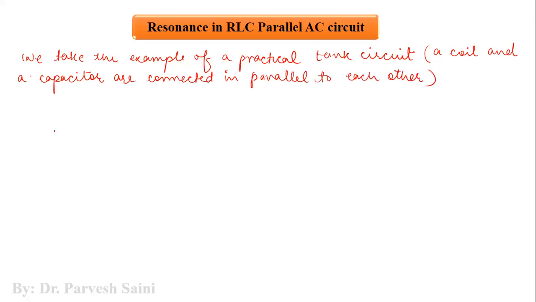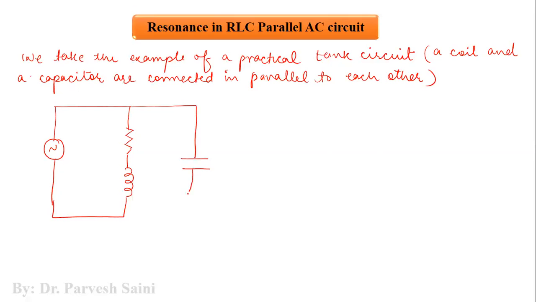So let us consider this circuit. We have an AC source. We have a coil. So coil is generally, or you can say we have a solenoid. We can also call it a solenoid, and a capacitor are connected in parallel. So this is what a tank circuit is.